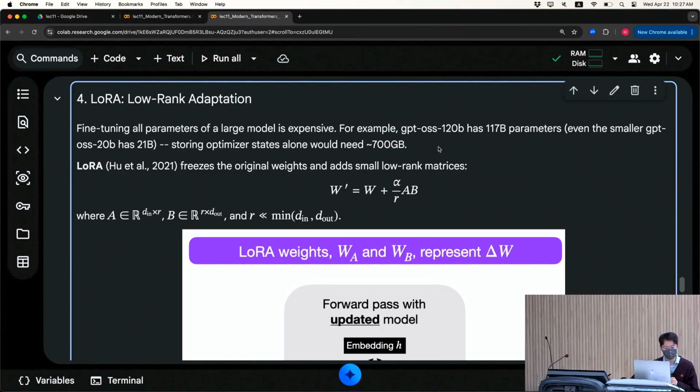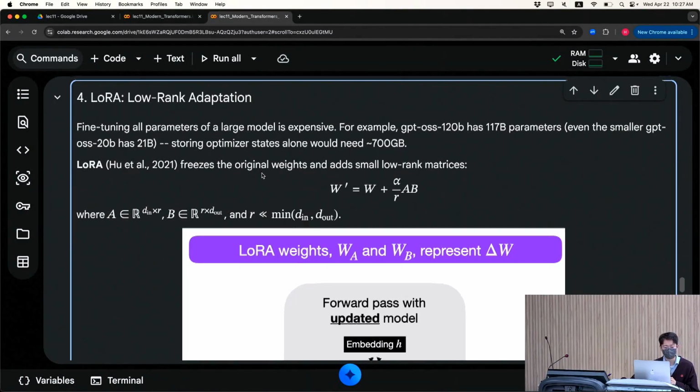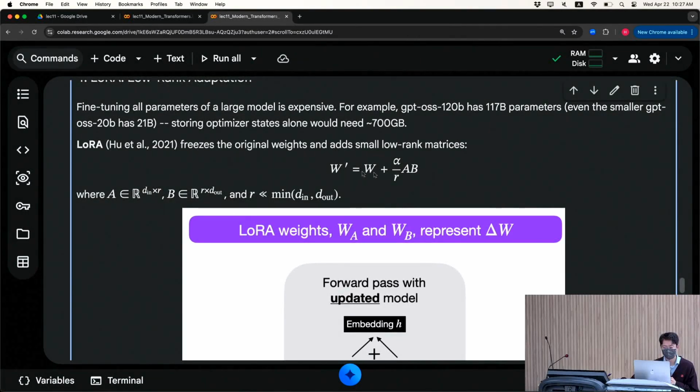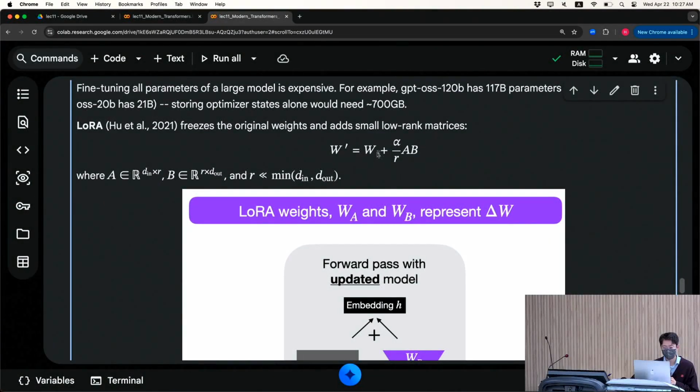So what can you do realistically? What we can do is low-rank adaptation. So LoRA, the idea is, this is the original weight W. We're not going to backprop here.